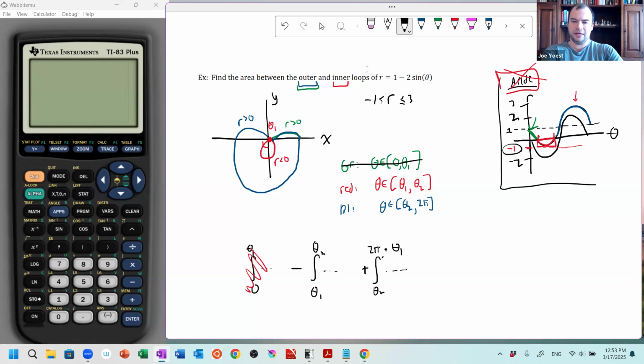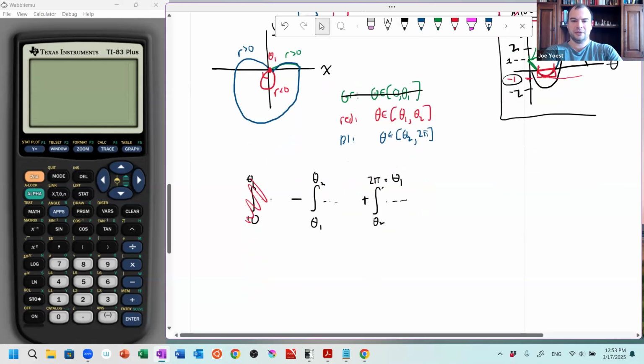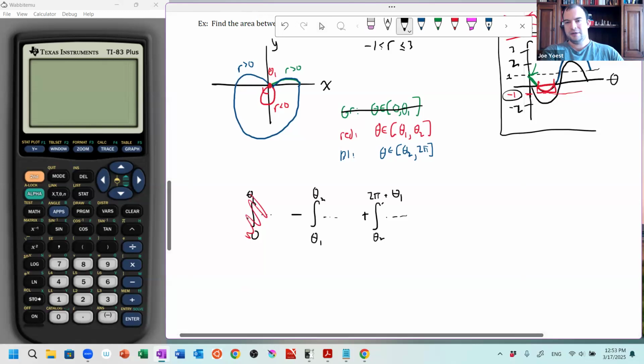Okay, so now I have a plan of attack. And just to be clear, to fill in some details here, these integrands are 1/2 r squared d theta for both of them.